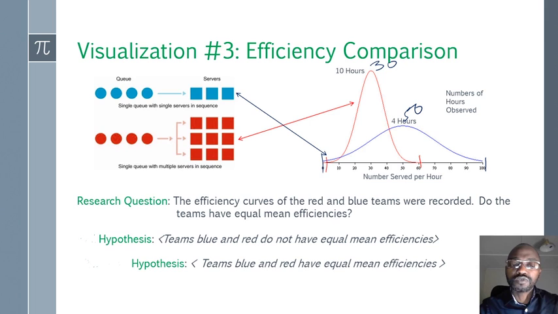So the first thing is to try and write the null hypothesis. Just looking at this, we can say the null hypothesis will be that teams blue and red have equal mean efficiency. But we know that that is not the case. So we put this down as our null hypothesis.